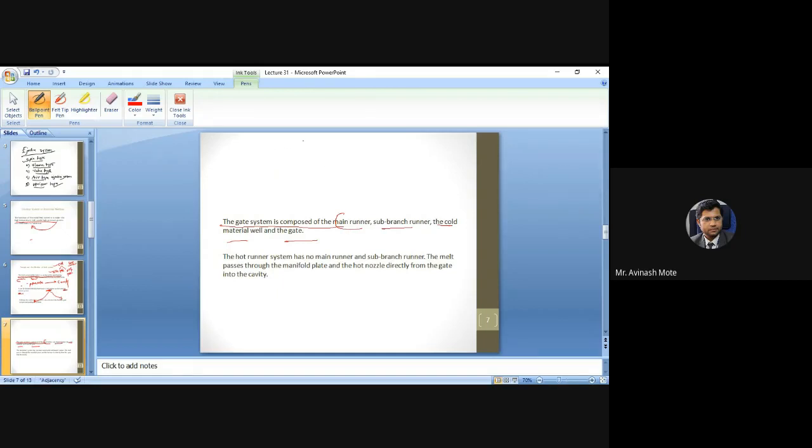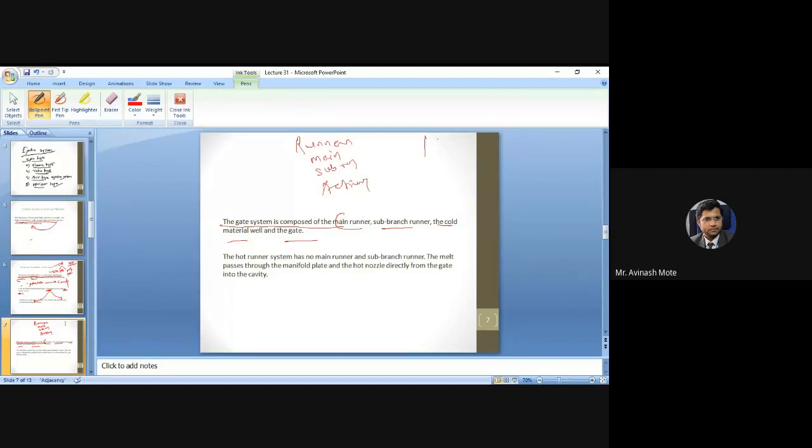Runners will be of different types. The first one is a main runner, then sub runners, and again there may be activity runners.